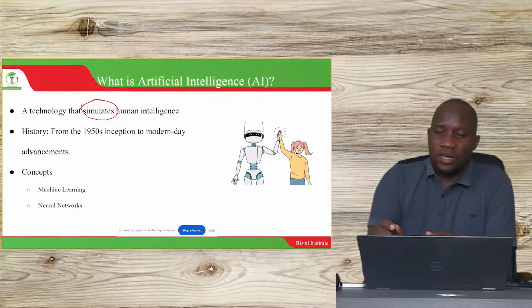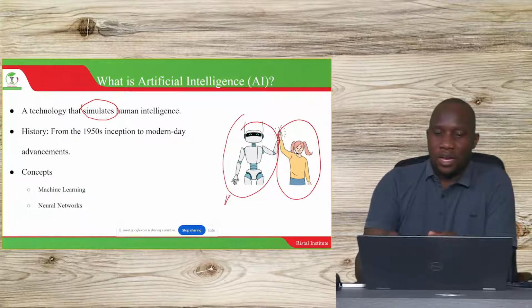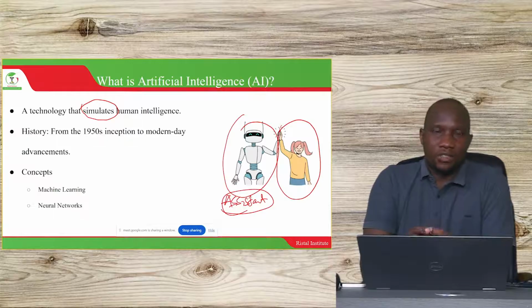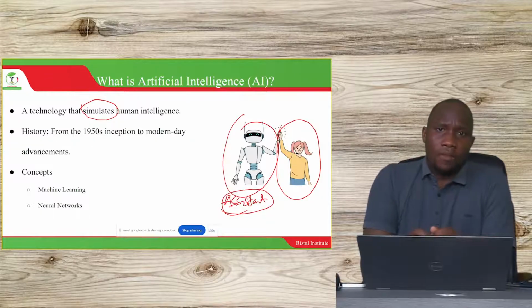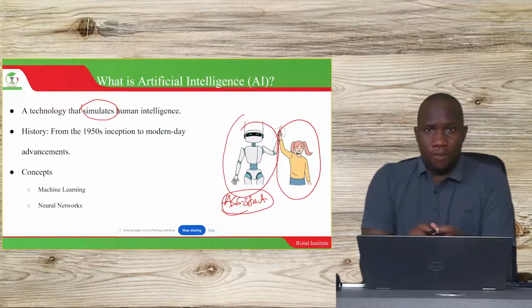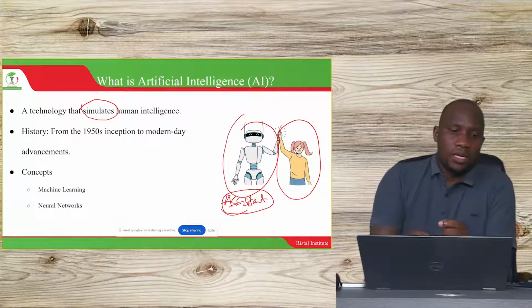And I use this picture to illustrate that, okay, for you as a human, you're here, but you can have an assistant here, and that assistant is basically an AI assistant. So you have a person who can help you do some things, and you don't have to do them from scratch.